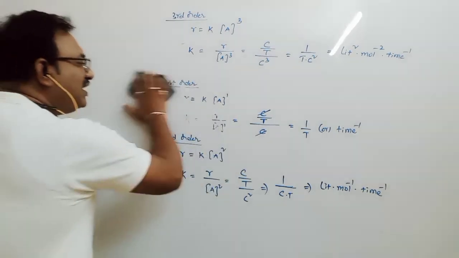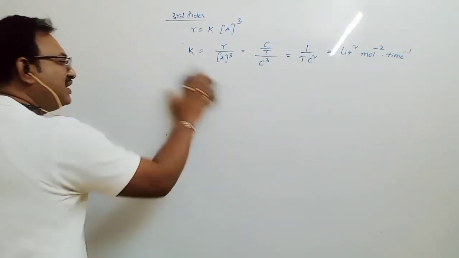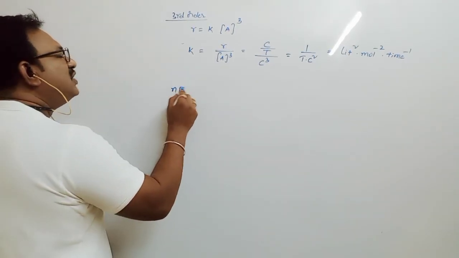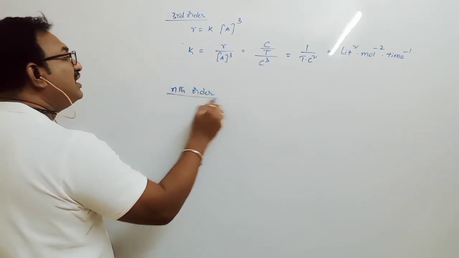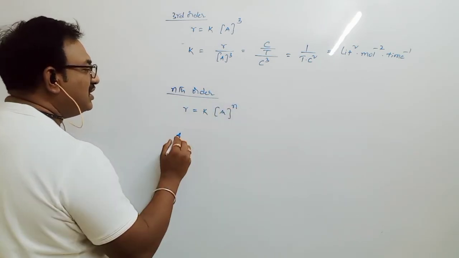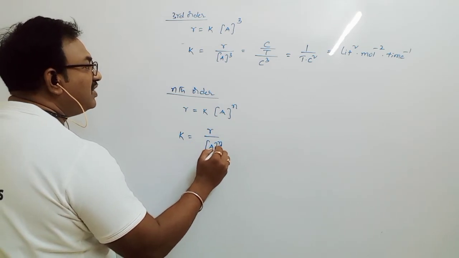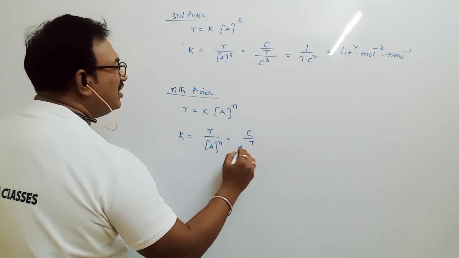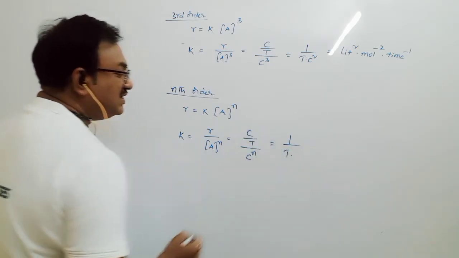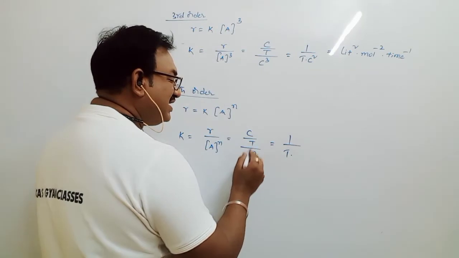Then what is it for nth order? Sometimes they may ask nth order reactions also, okay? So if it is nth order, then R is equal to K into concentration of A power n. Then K is equal to R by concentration of A power n. So C by T by C power n. So 1 by T stays 1 by T. What power of C comes? One C cancels, right?